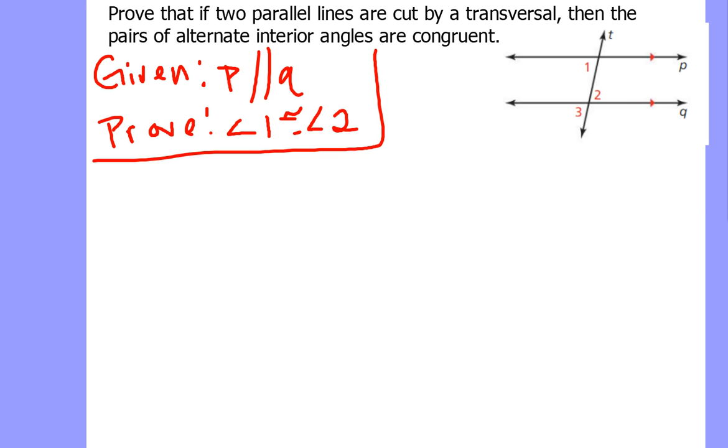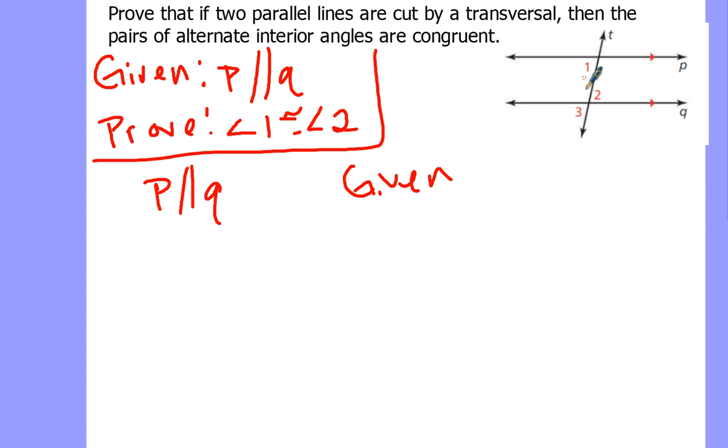Let's start first and foremost with what we know: P is parallel to Q, that is given to us. Well, what do we know about the problem? Let's take a look at this diagram for a sec. Remember, at this point in time, we haven't proven anything past the corresponding angles theorem.